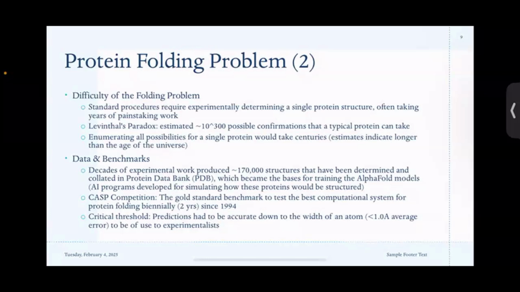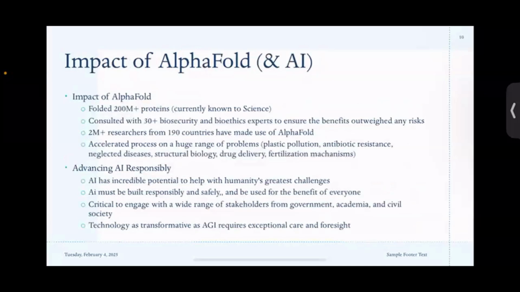The critical threshold is that predictions had to be accurate down to the width of an atom, or less than 1.0 angstrom average error, to be of use to experimentalists. Now, the AlphaFold models actually had a huge impact on the protein folding problem.